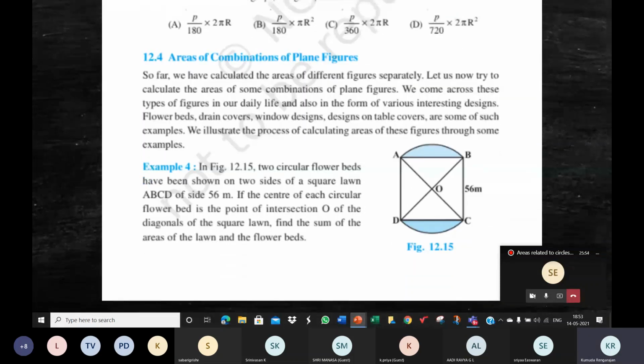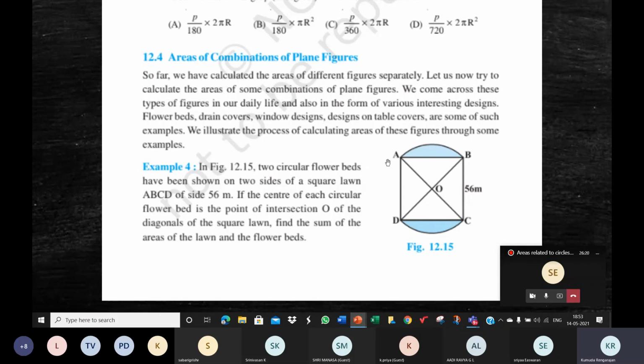Now read example 4, children. Two circular flower beds have been shown on two sides of the square lawn ABCD of side 56 meters.